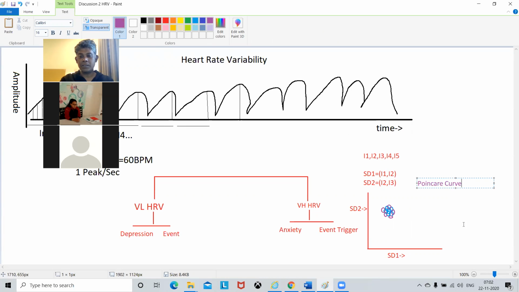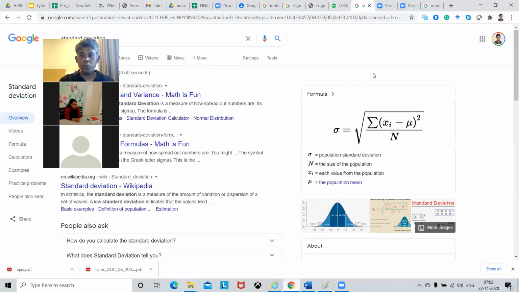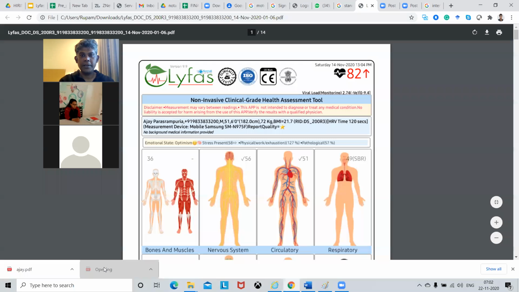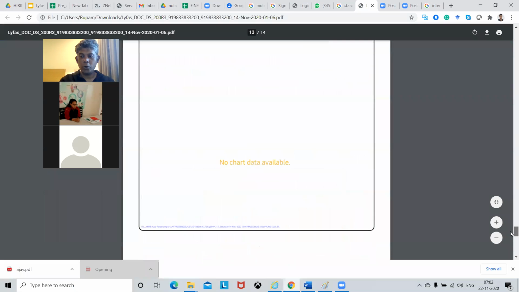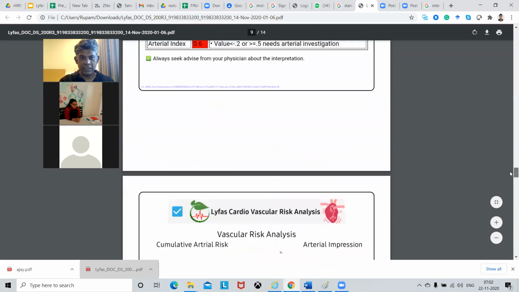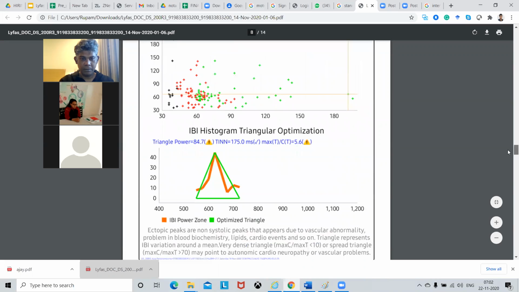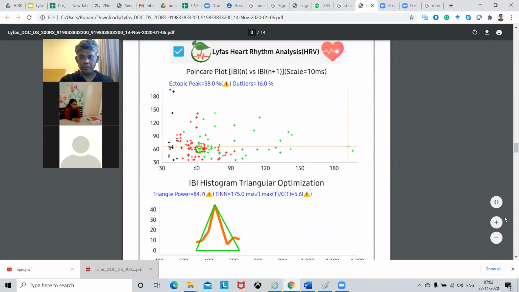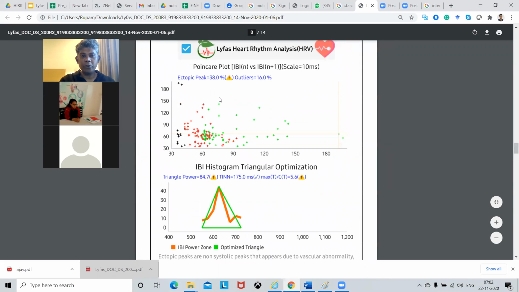And in Lyfas, if you go to this page, Lyfas heart rhythm analysis, this is what your Poincare graph is.